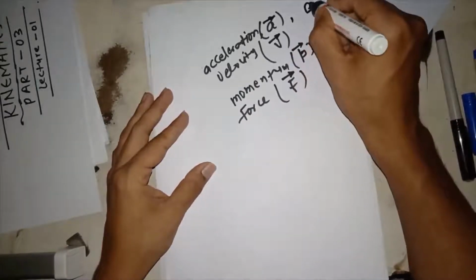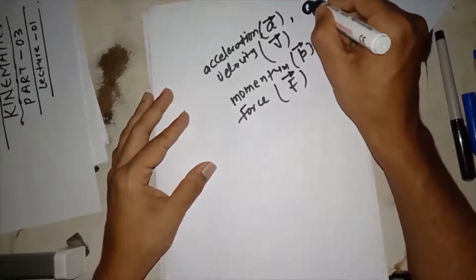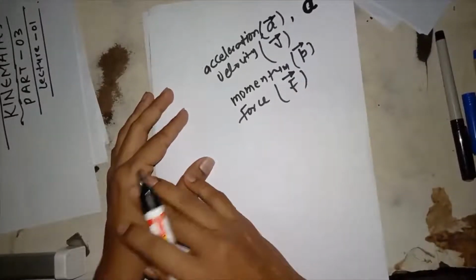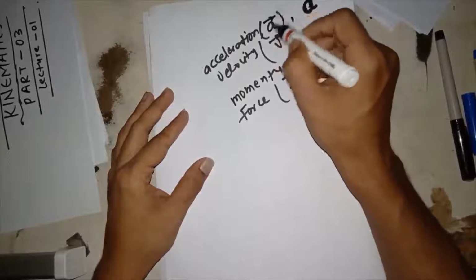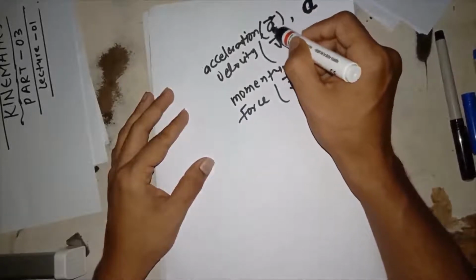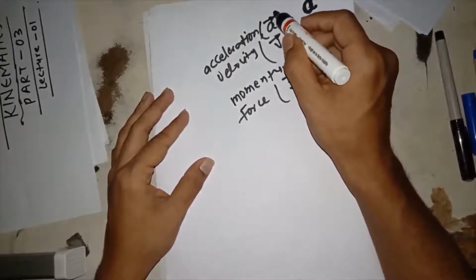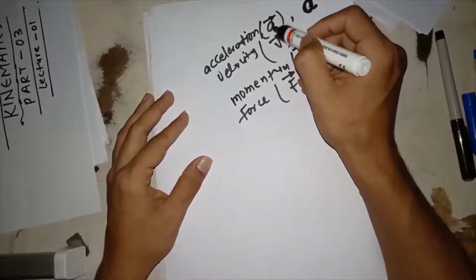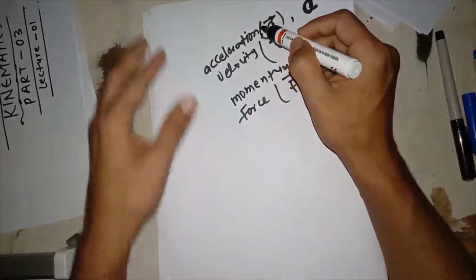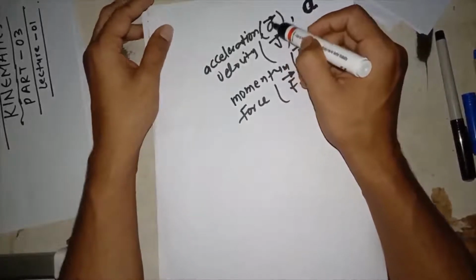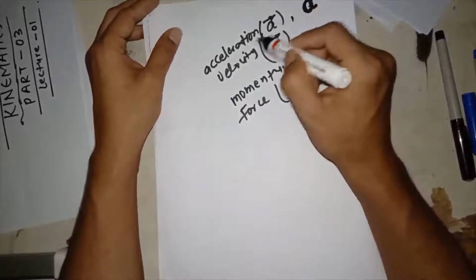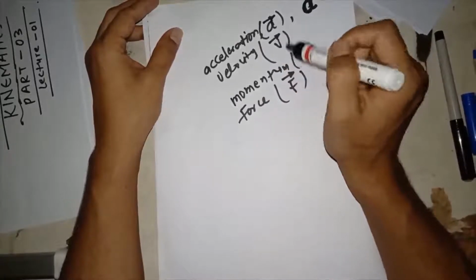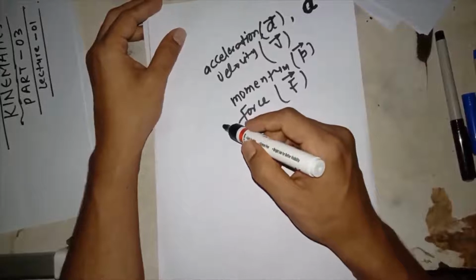It can also be denoted by a dark or bold letter somewhere, but here we use only a letter with an arrow on its head. Arrow indicates the direction and letter indicates the name or symbol. That is, it is a vector quantity. So you can read it as A vector, B vector, P vector, F vector.